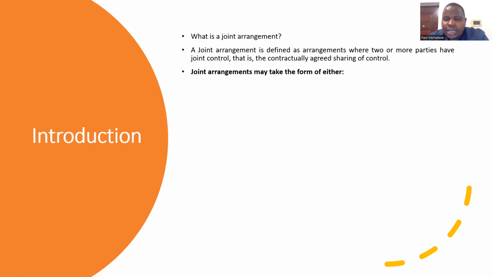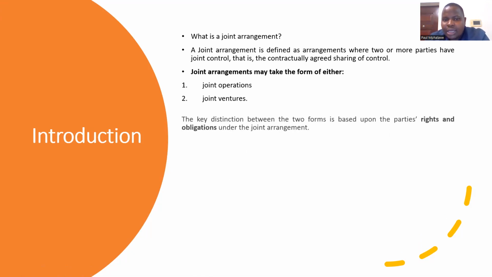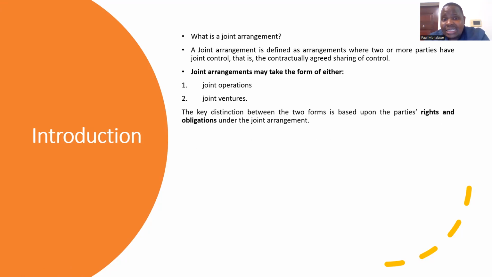So the joint arrangement may take the form of either a joint operation or a joint venture. The key distinction between the two forms is based upon the parties' rights and obligations under the joint arrangement, the contractual agreement between the parties.